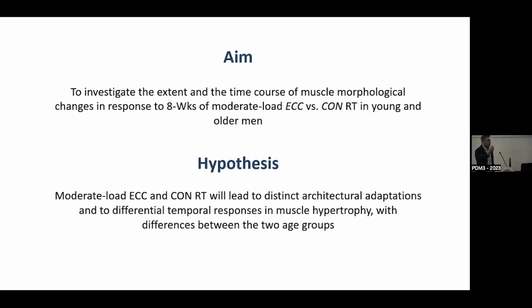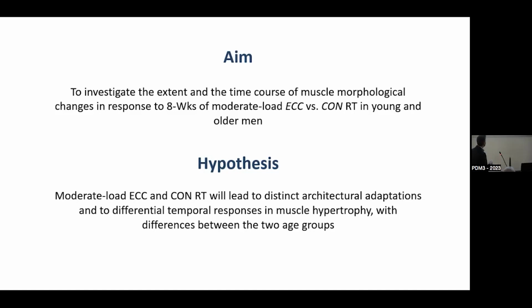So because we studied this on young people, we decided to see if the same or similar adaptations would be seen for elderly people. And so we decided to not use an 80%, so a quite high intensity stimulus, but we applied to elderly people and to young people a moderate load eccentric exercise of 60% of the repetition maximum stimulus.